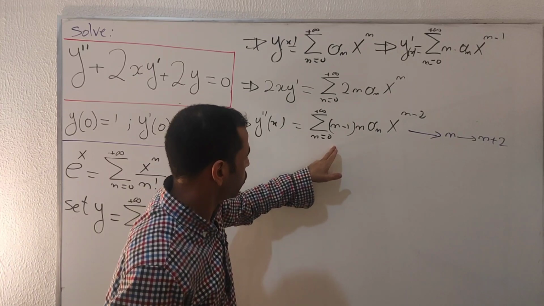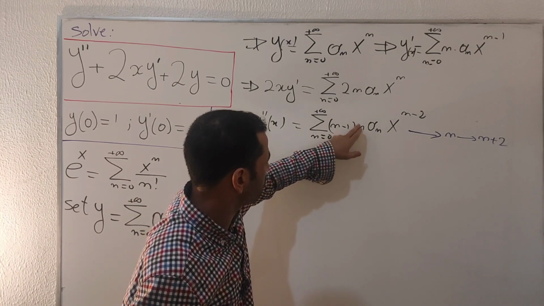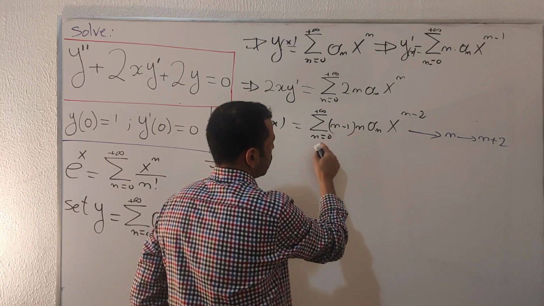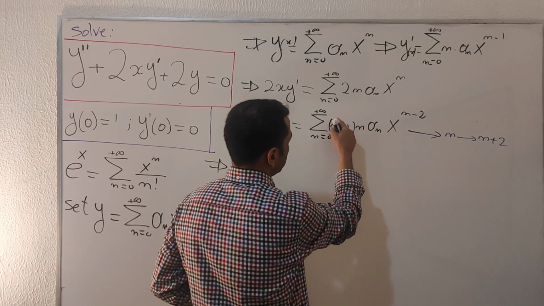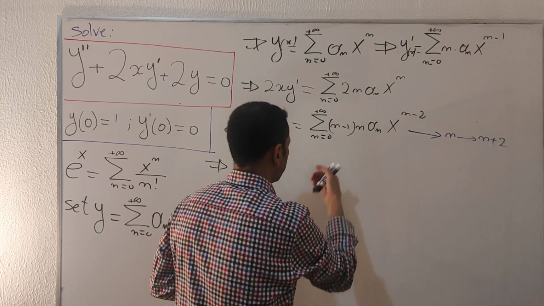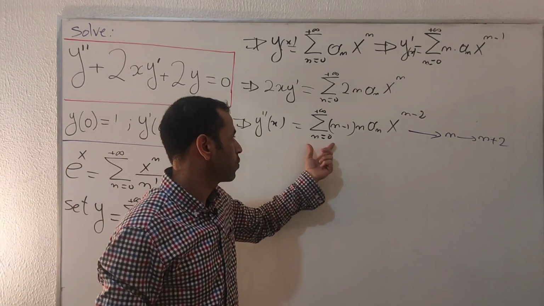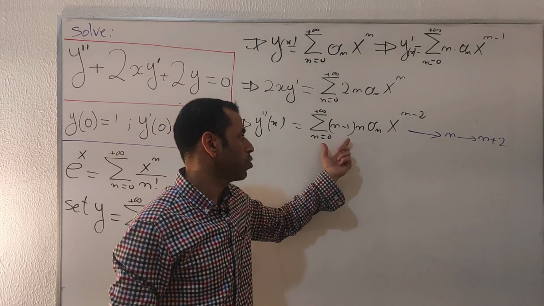If you take a look carefully at the first term and the second term, n equals 0 is automatically 0. Replace n with 0, get 0. Also for the second term, n equals 1 gives 0 as well. So if I leave them like this, it doesn't affect our calculation because they already are 0.